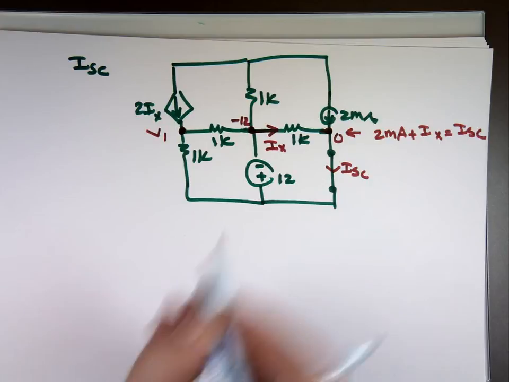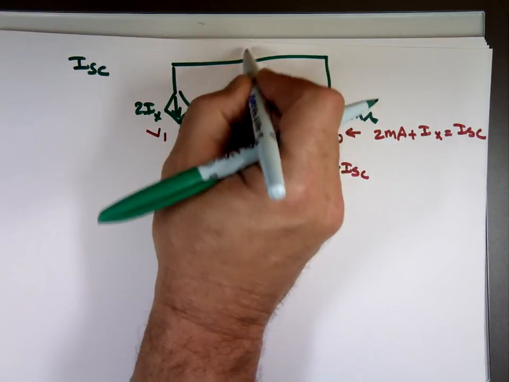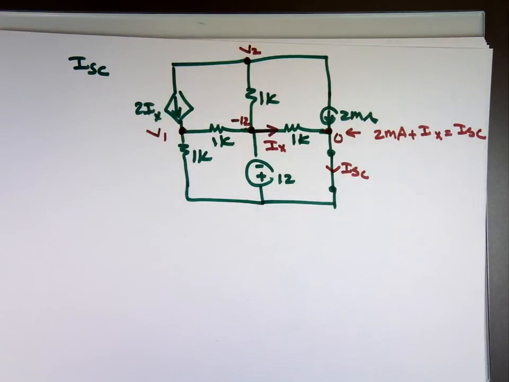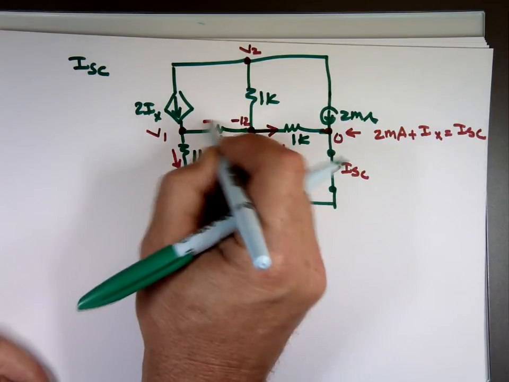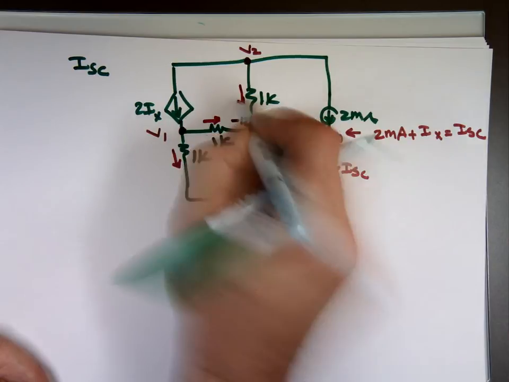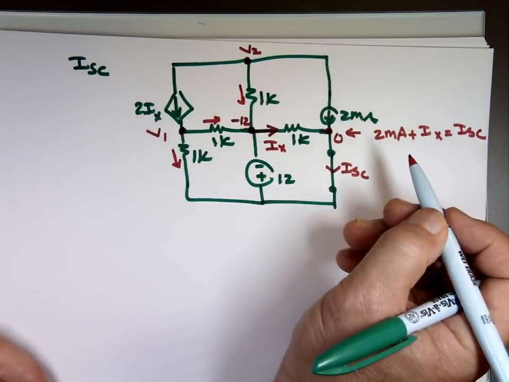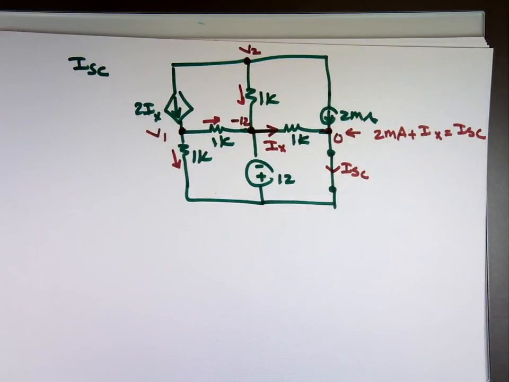Unknown. So if I want to do KCL, I will have two equations by two unknowns. I can write current in any direction I want to. This becomes a supernode if I decide to do that.